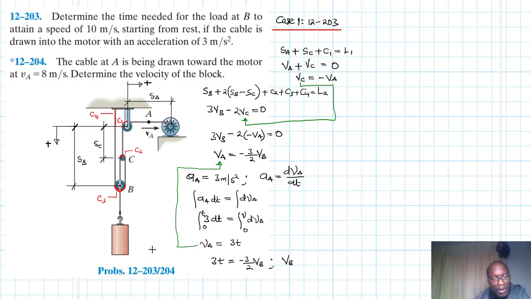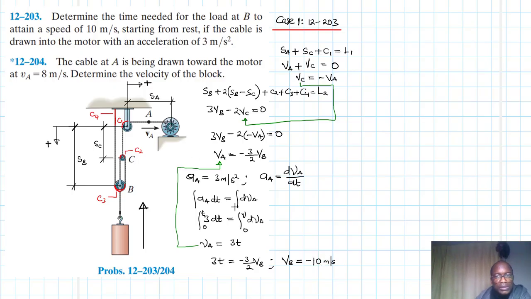If it's going up, our V_B in this particular case becomes negative, so this is just going to be equal to minus 10 meters per second.